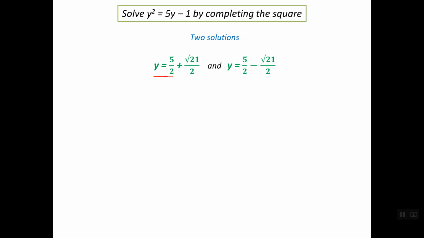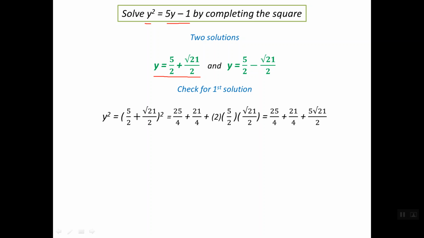Checking the first solution means that if we substitute this value of y on the left side, which means if we square this value of y, and we compute 5y minus 1, they should be the same. So let's first compute y squared for the first solution. So this is the value of y, all squared.